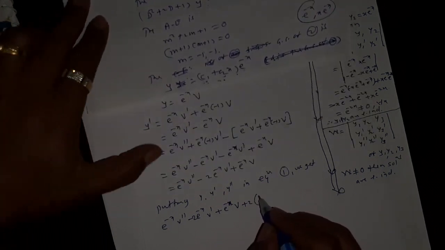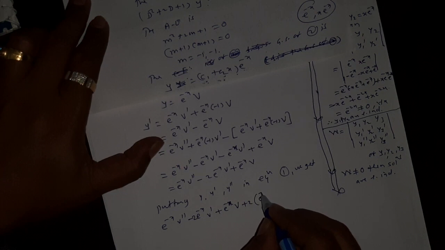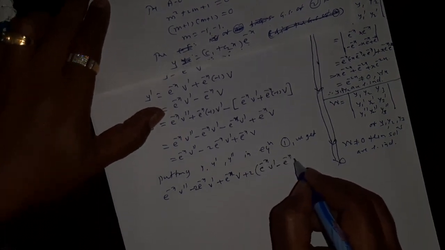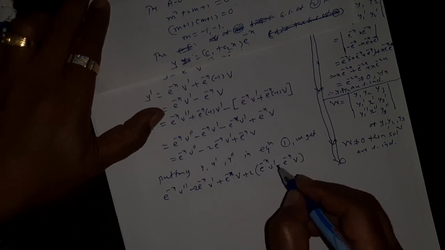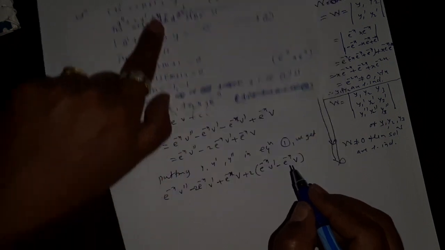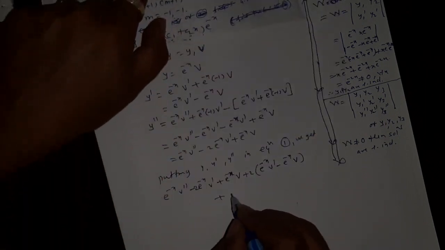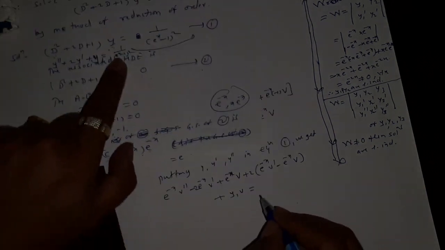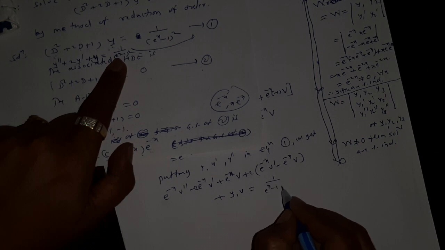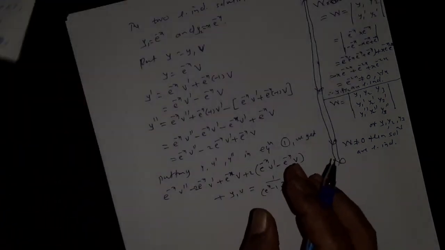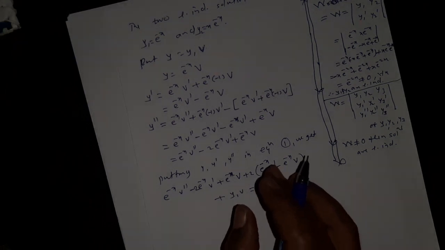So y dash is what? e raised to minus x v dash minus e raised to minus x v, plus this y, y means y1 v, is equal to the RHS, which is 1 by e raised to x minus 1, bracket square. So this is equation number 1, we have this.